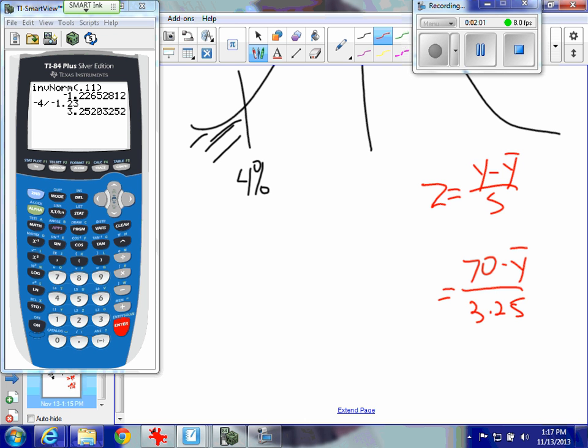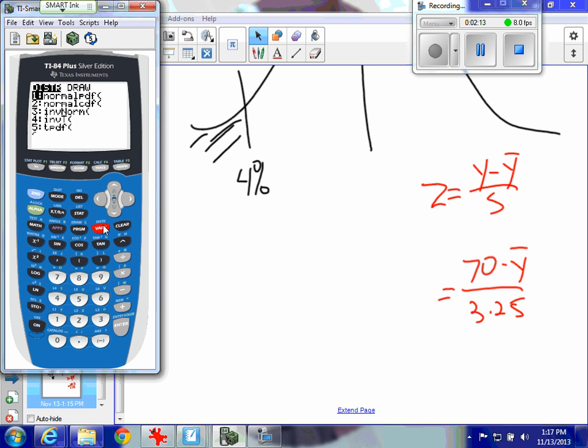What's my z? How am I going to find my z? Kristen, what am I going to do? You do the inverse, and then you 0.04. Inverse norm of 0.04, which is my 4%.